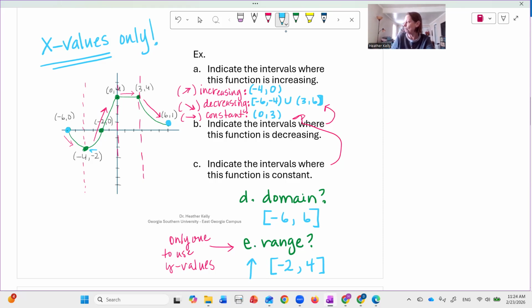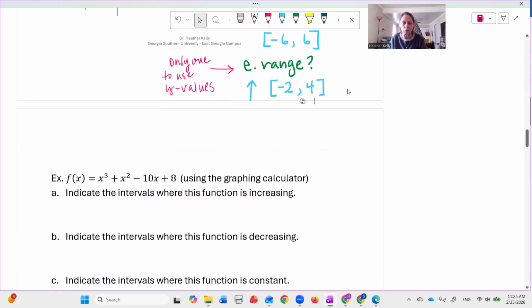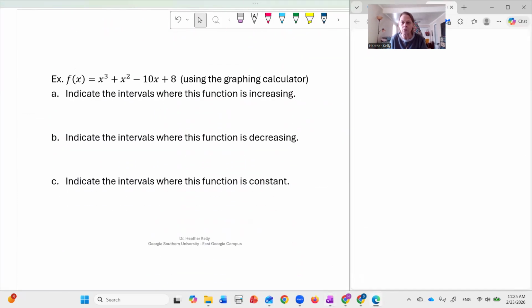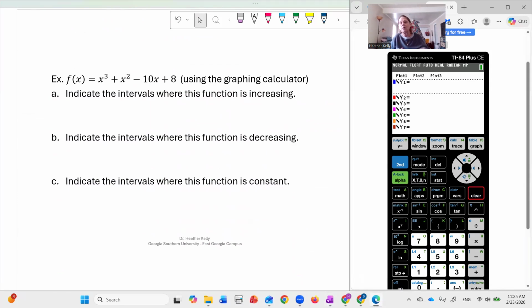Okay. Let's see here. I think I have one more example like this. I'm going to do something I haven't done before, which is bust out my graphing calculator. Here it is. If you have not been using an online graphing calculator, this is TI-84 Calc.